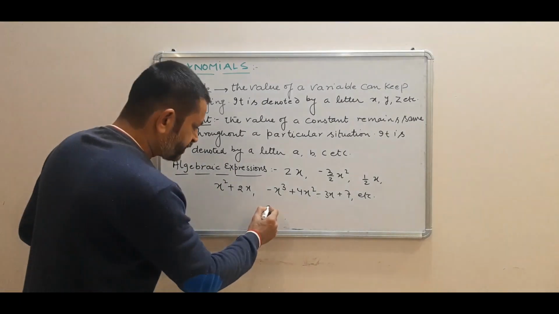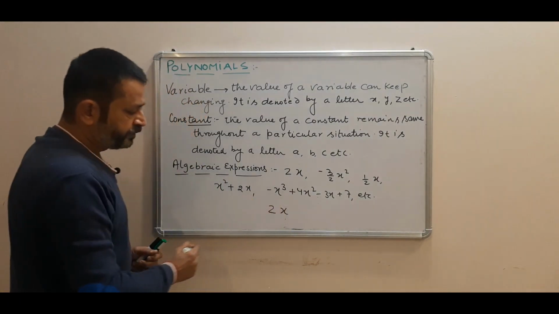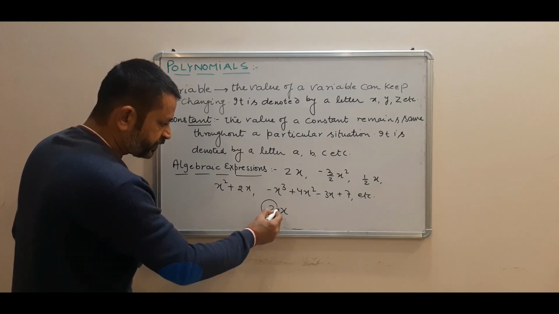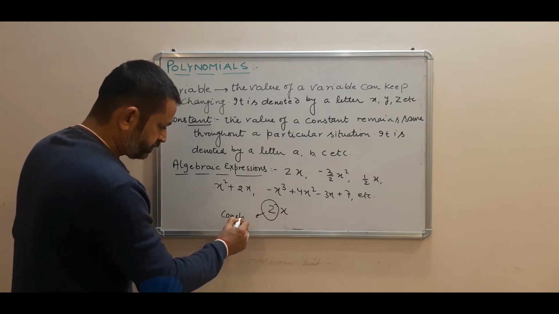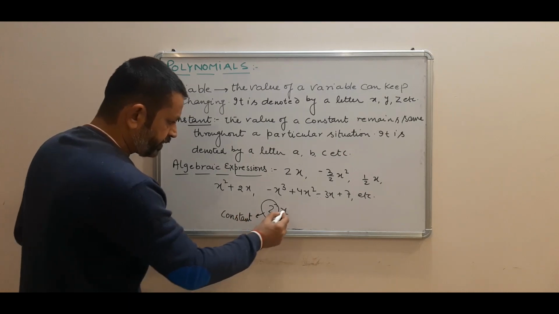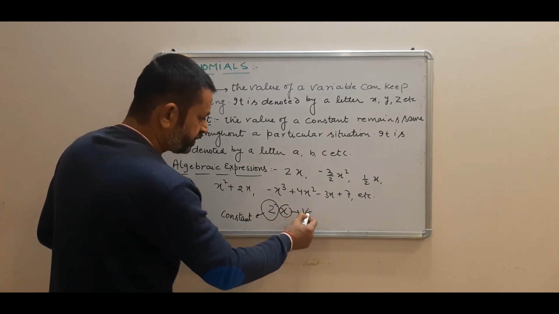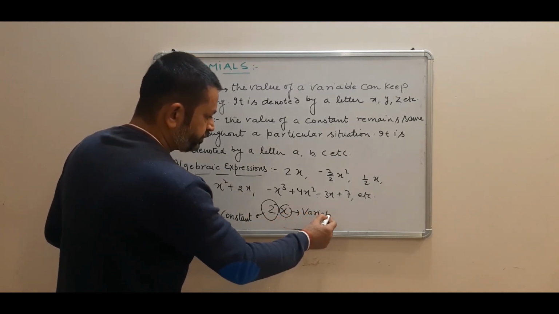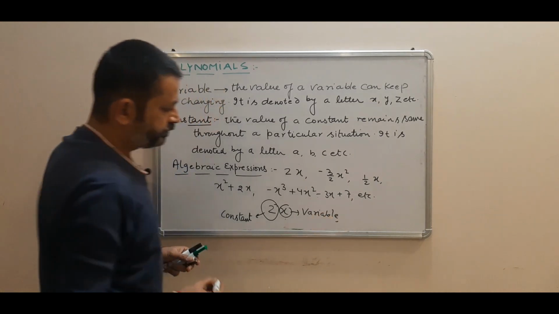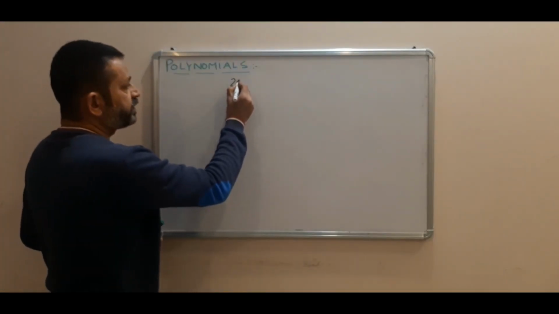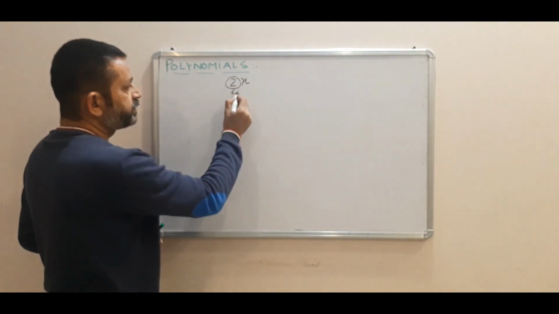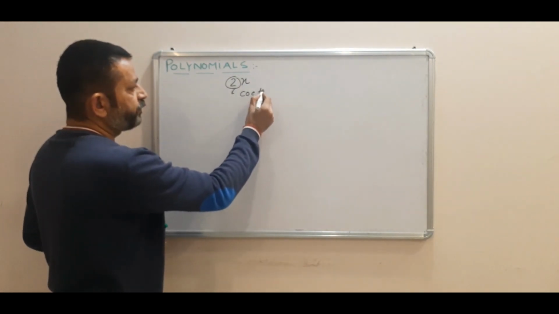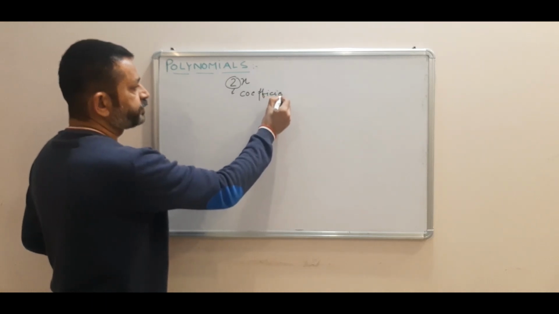If we look at this expression 2x, in this expression this 2 is a constant and this x is a variable. In this expression 2x, this 2 is the coefficient of x.